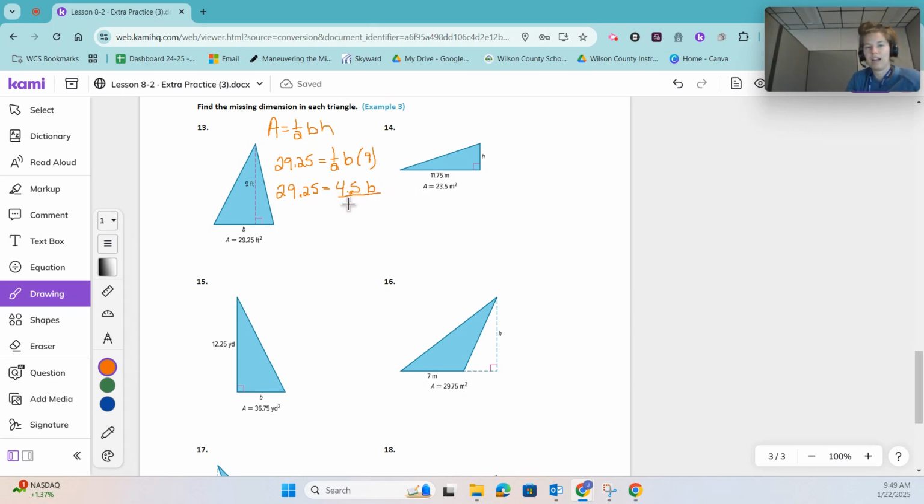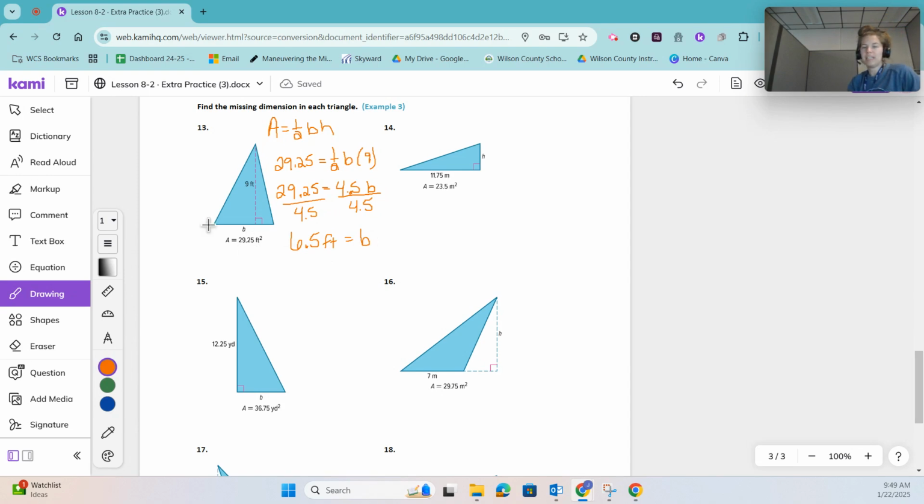Then I divide by 4.5 to get b by itself. 29.25 divided by 4.5 is 6.5. So we have 6.5 feet is b.